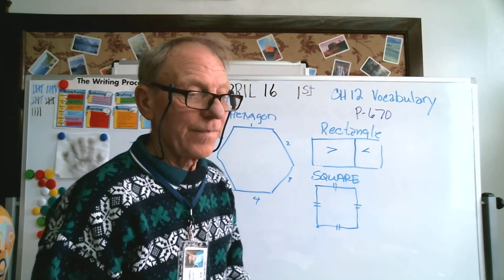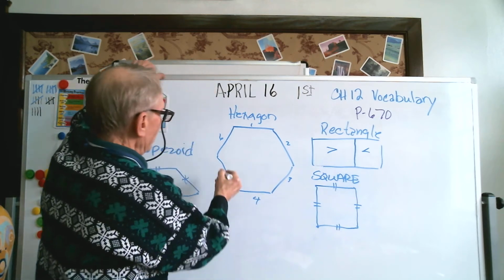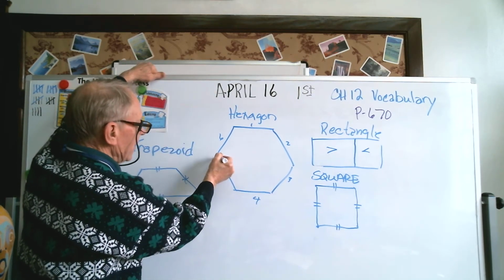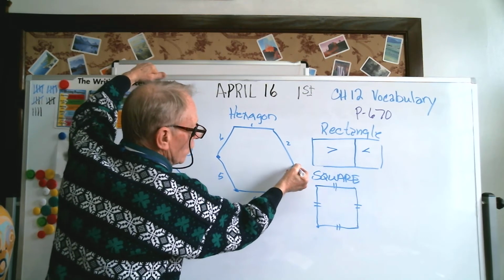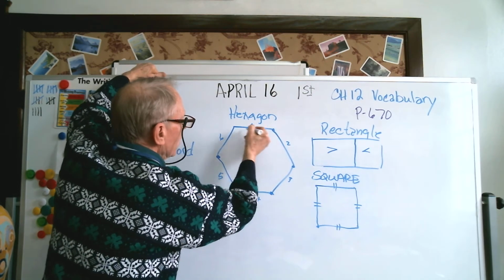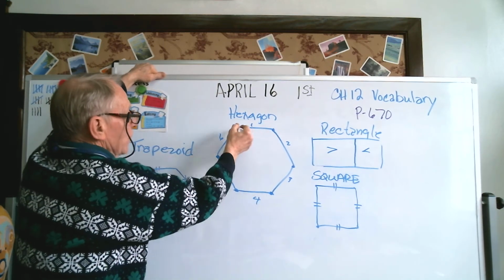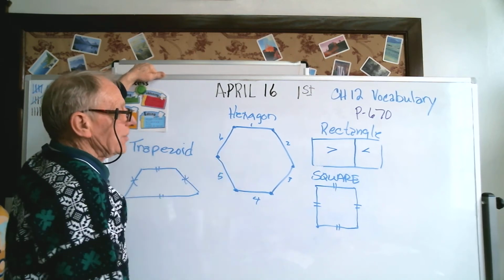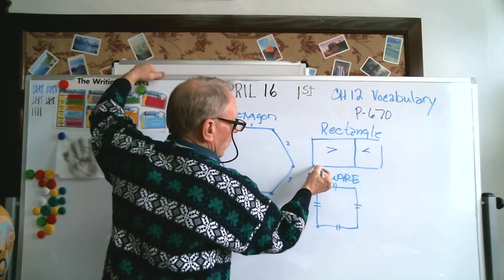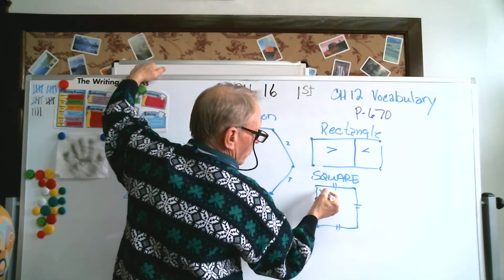Vertex. There's a word, you've got to know what it means. A vertex is every place on a shape where two lines come together. So there are 1, 2, 3, 4, 5, 6 vertexes in a hexagon. There are 4 in a rectangle, 4 in a square.